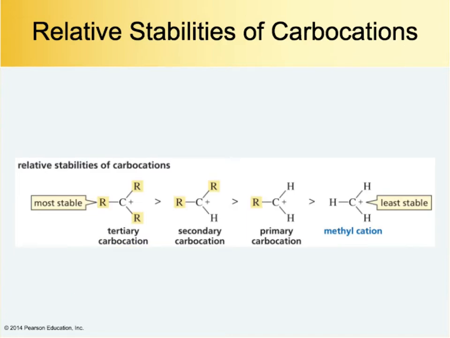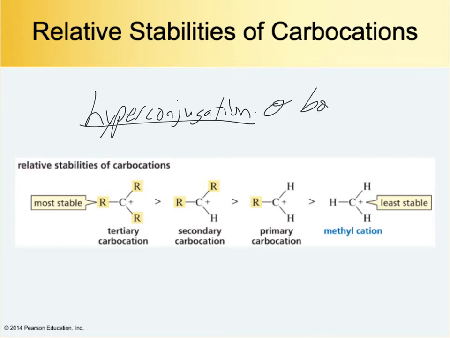Breaking that down, something we already know. A tertiary carbocation is the most stable. And if we talk about hyperconjugation, we remember that sigma bonds 2 bonds away are these hyperconjugation interactions.